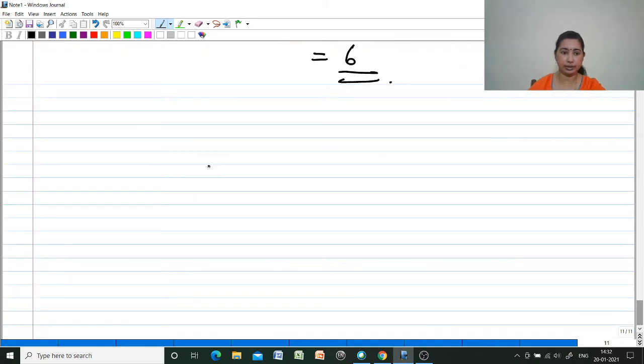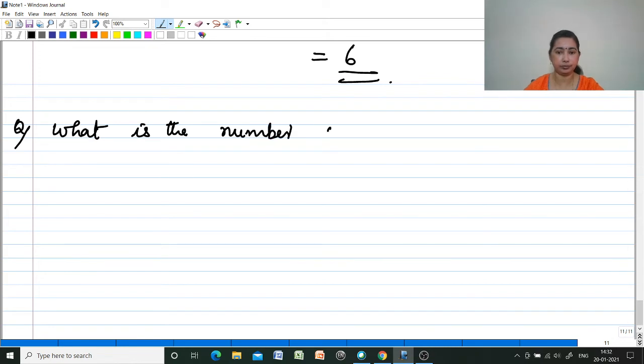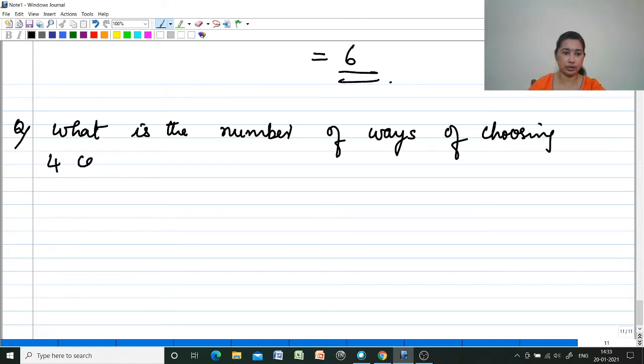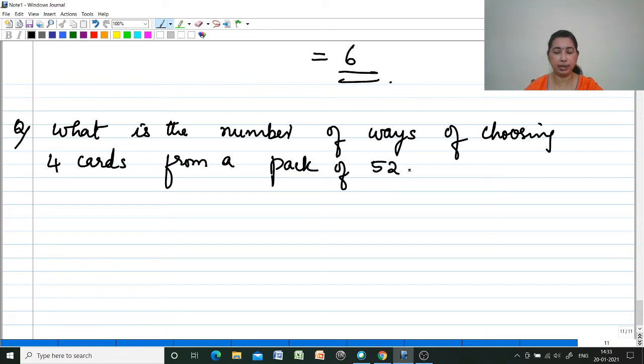Okay. Now next question. What is the number of ways of choosing 4 cards from a pack of 52 playing cards?